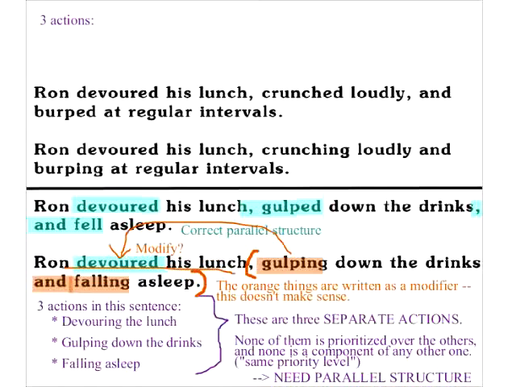The three actions are devouring the lunch, crunching, and burping. So what is the relation among these actions? Like, what do they have to do with each other? Someone tell me something about these three actions in the chat box. Give me some information about how they are related, please.